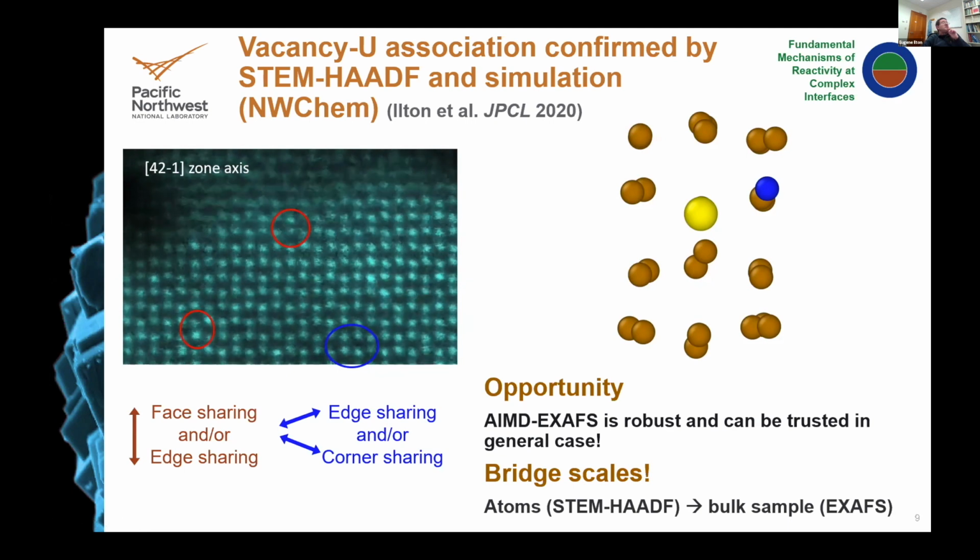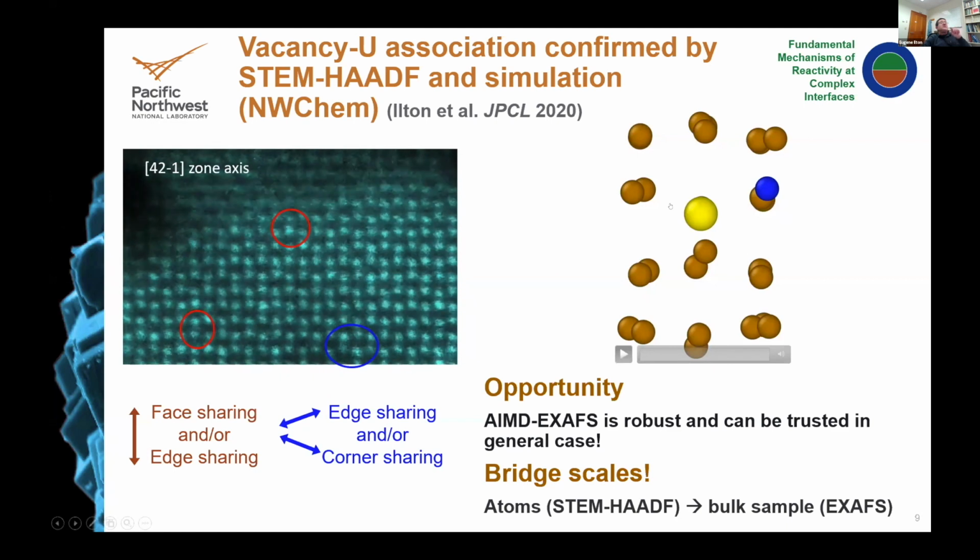And what we think is happening here is that it's going into these vacancies that we claimed from the AMD-informed EXAFS. To complement this, we did an AMD study, in which we raised the temperature in order to try and match the energy of the beam.